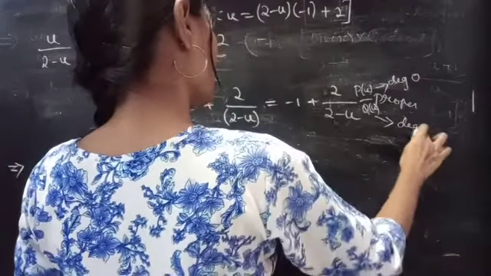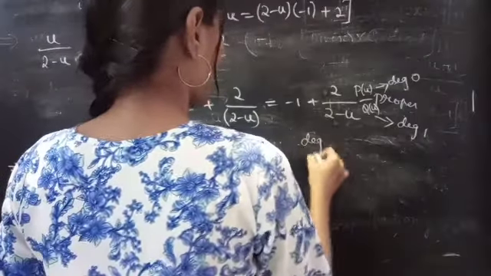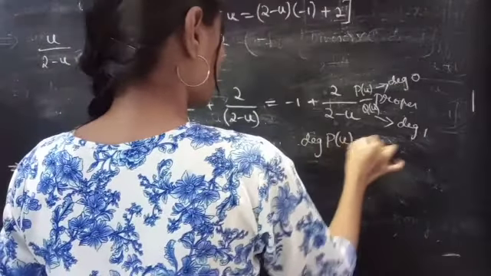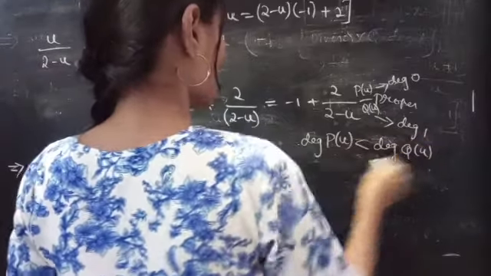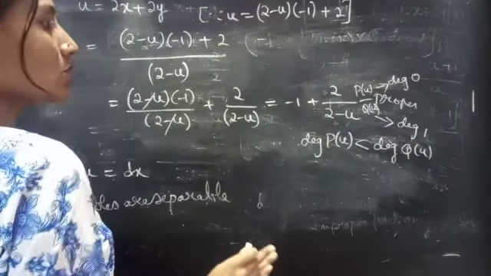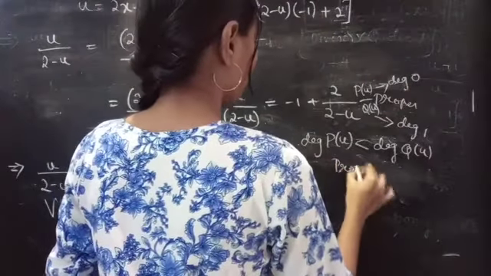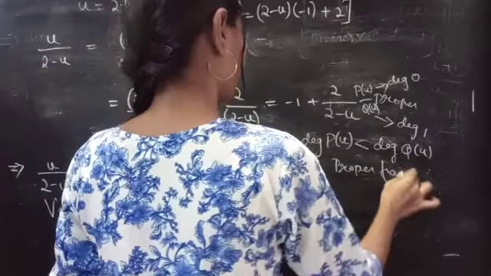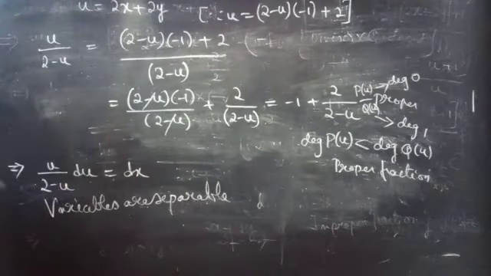Okay, degree of a linear polynomial is 1. So we have degree of p of u less than degree of q of u. From this, we can say that the fraction is a proper fraction. Okay, so we have reduced an improper fraction to a proper fraction, right?